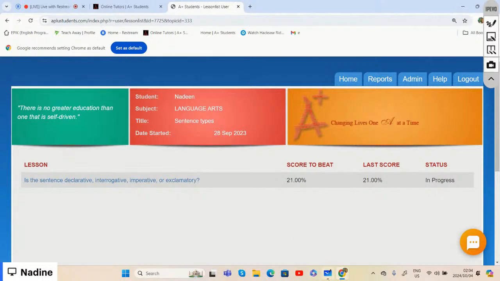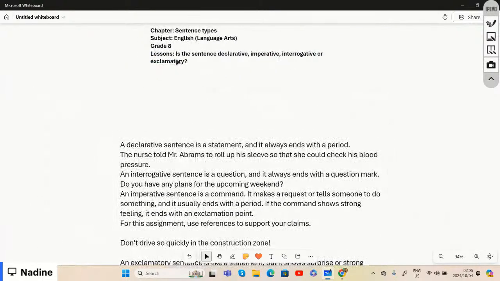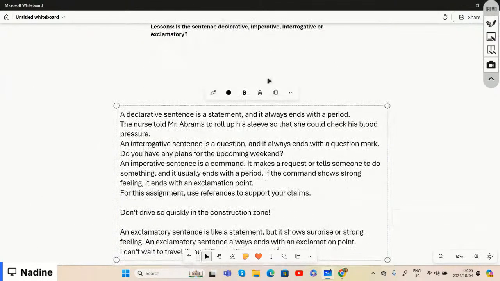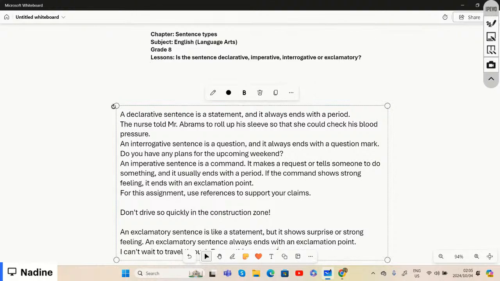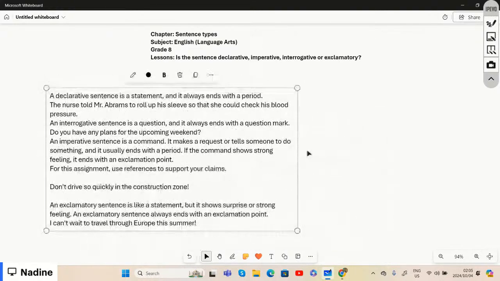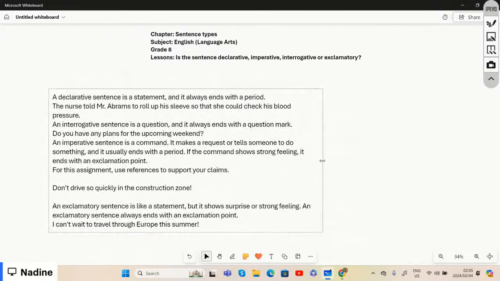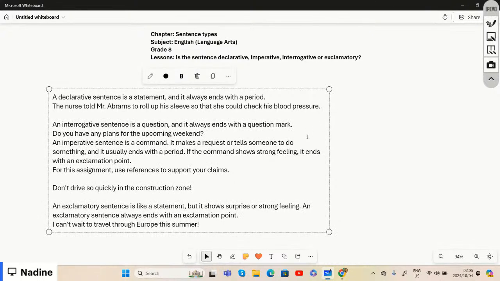All right. So our chapter is sentence types. Our subject is English language arts. We're doing grade 8.